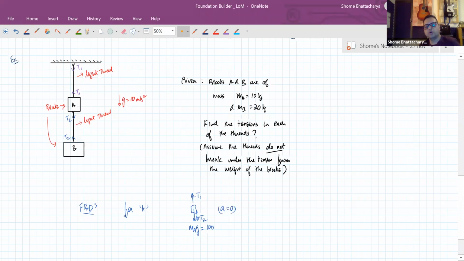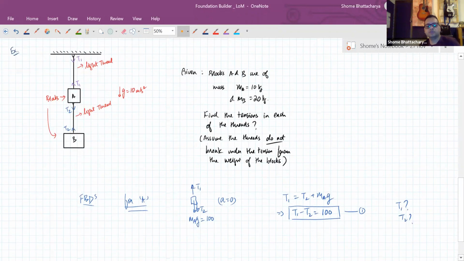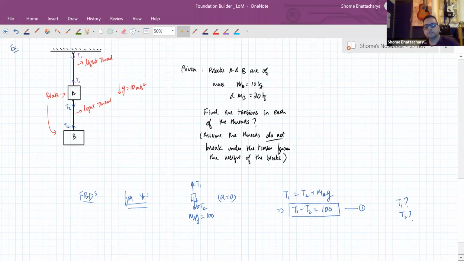So for block A, T1 is balancing T2 plus the weight, or T1 minus T2 is equal to 100. This is the first equation. But in this, T1 and T2 are unknown, so I need one more equation. Where will that second equation come from? It will come from the FBD of B.